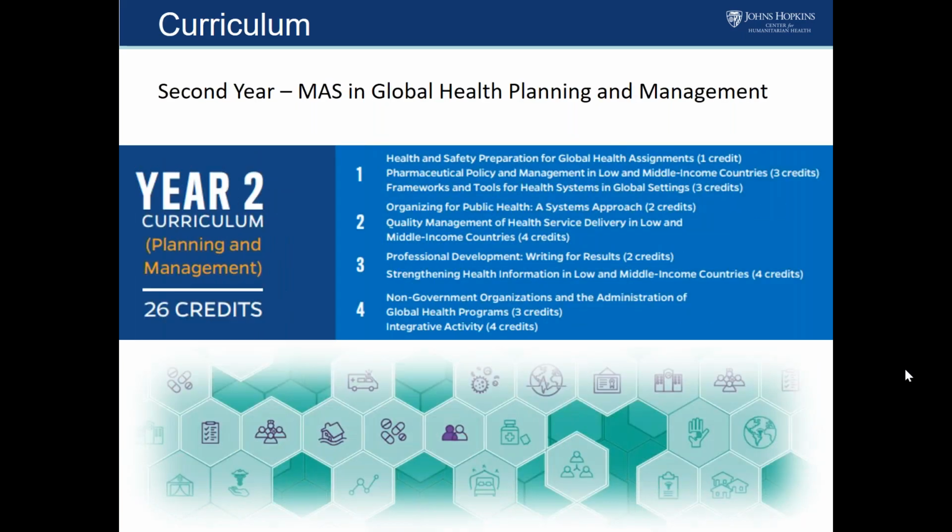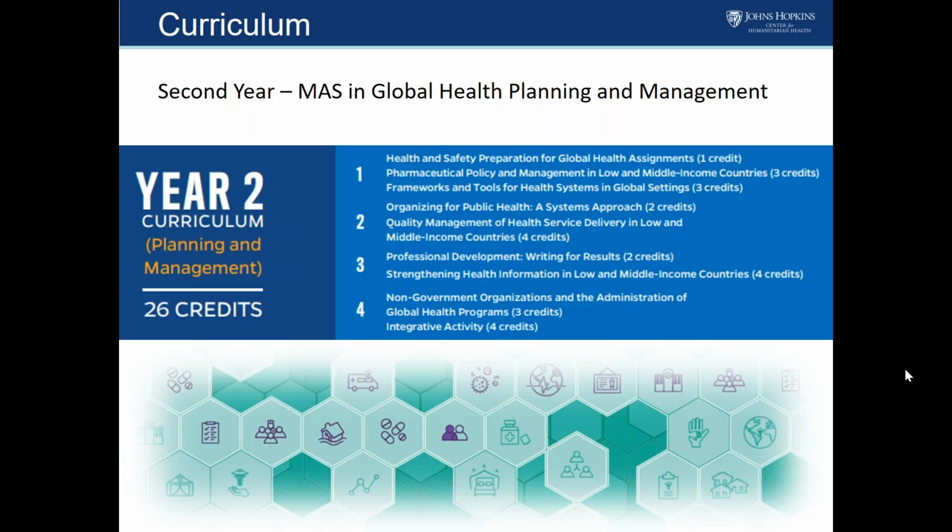Then in the next slide, we look at the global health planning and management. Again, this is for working in NGOs, in ministries, in the overall management of programs at a state or regional level, even a national level.